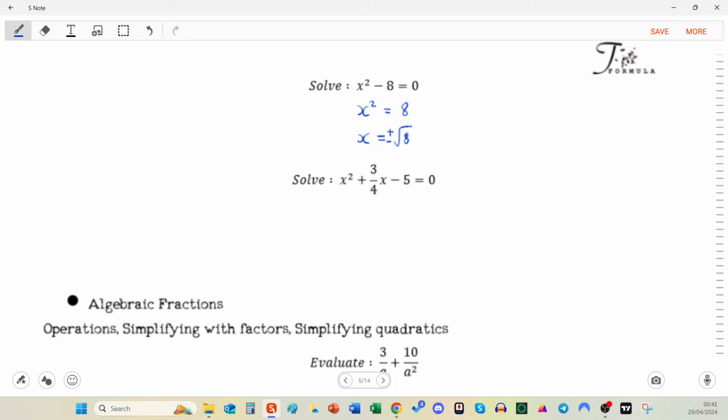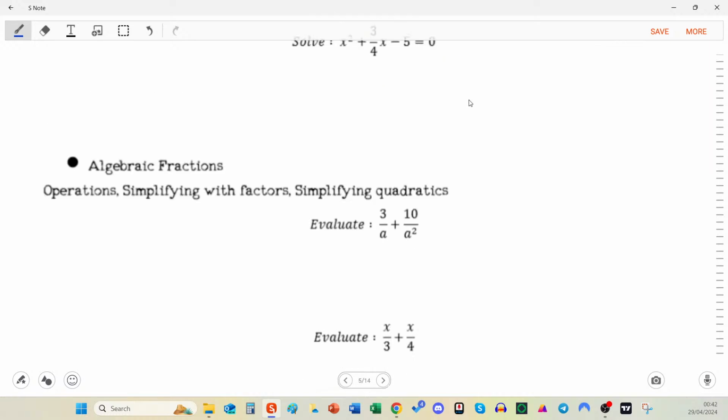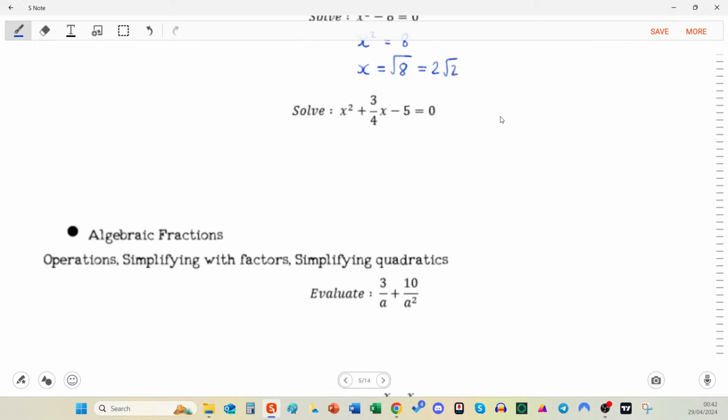Yeah, plus or minus root 8. And we have to look at the context as to what you want. If we're going to go into surds here, this can be 2 root 2. And that will be fine for that one. But I would say, depending on the context, a couple of options.